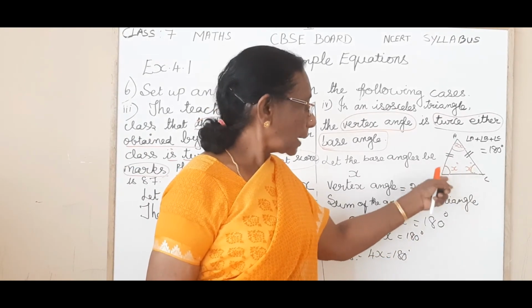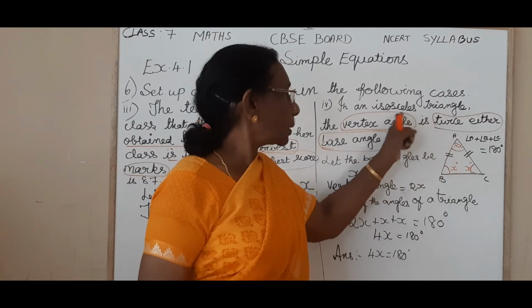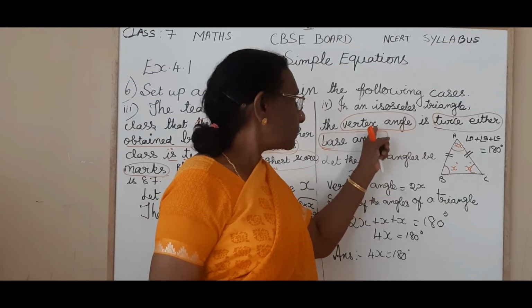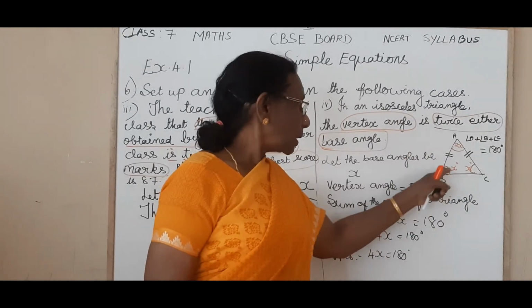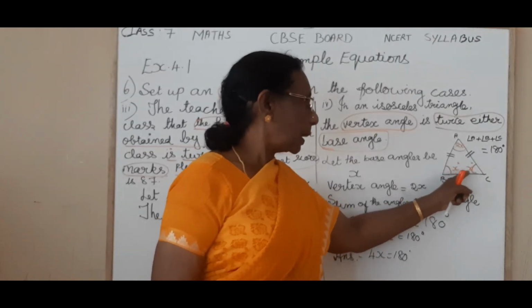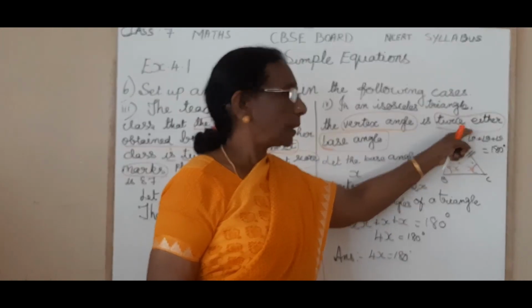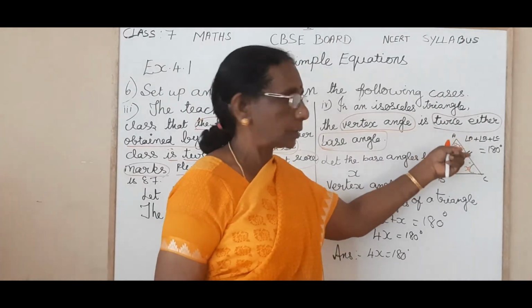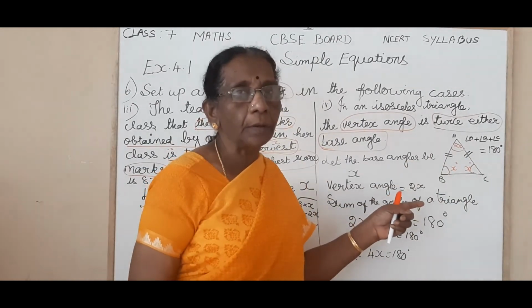So using that angle property, we are finding the vertex angle. Why? Because in the question it is given the vertex angle is twice either base angle. So we are taking these as x and x. If this is x, this will be 2x because it is given twice. Twice means 2 times.